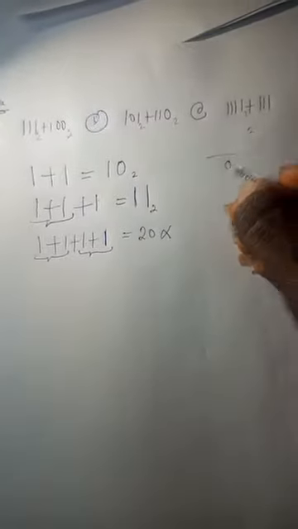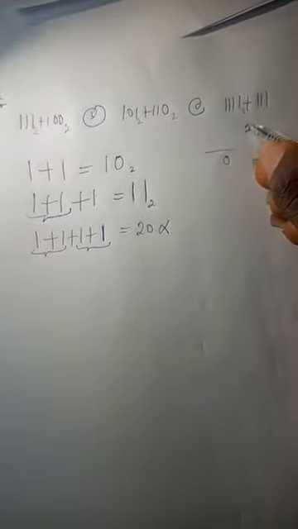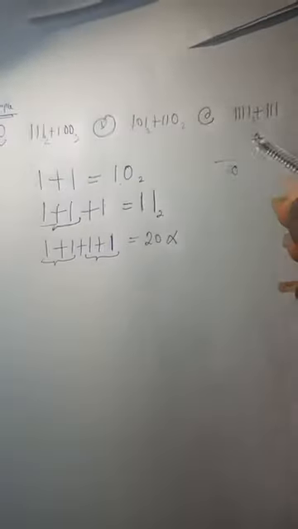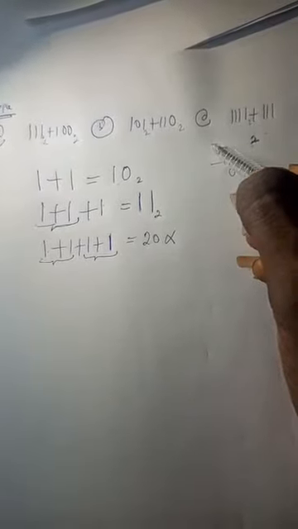This 0 is all you have here, and this 2 is the remainder. But this 2 does not represent 2. It represents 10. 1 plus 1 is 2, and 2 is representing 10. And whatever you are adding it to as a remainder, we start counting again.